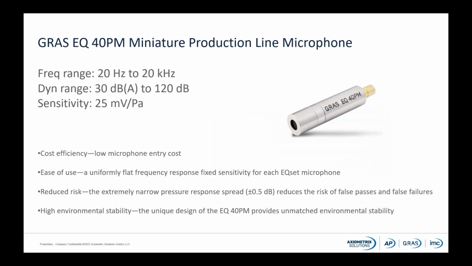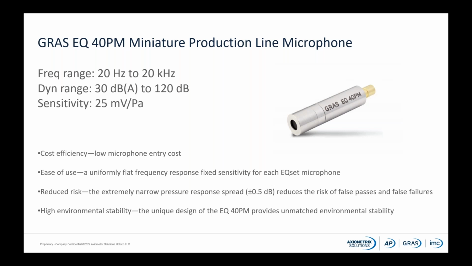The EQ40PM miniature production line microphone is the first microphone to incorporate EQ-set technology. This removes all of the traditional hassles associated with installing, setting up, and replacing microphones in a production line setting. EQ-set microphones all have flat response curves and fixed sensitivity.